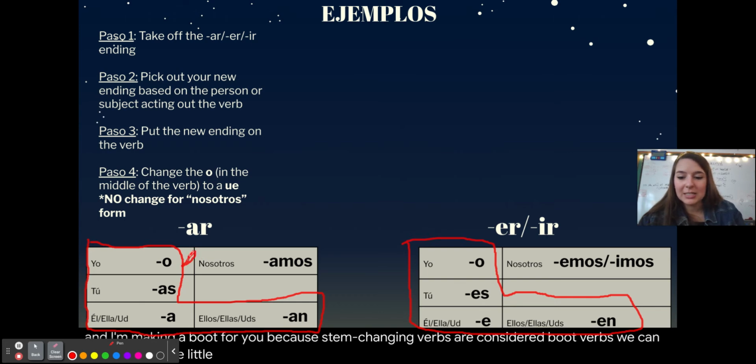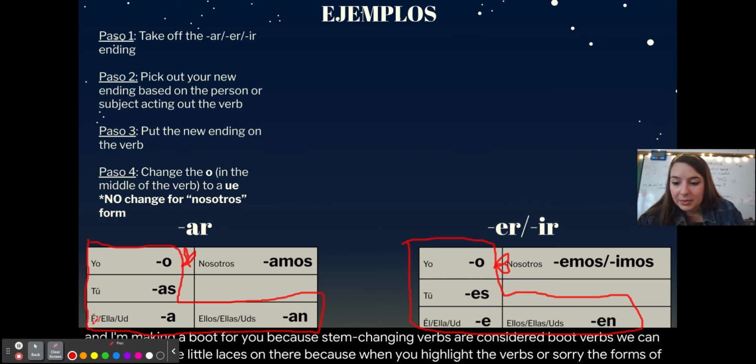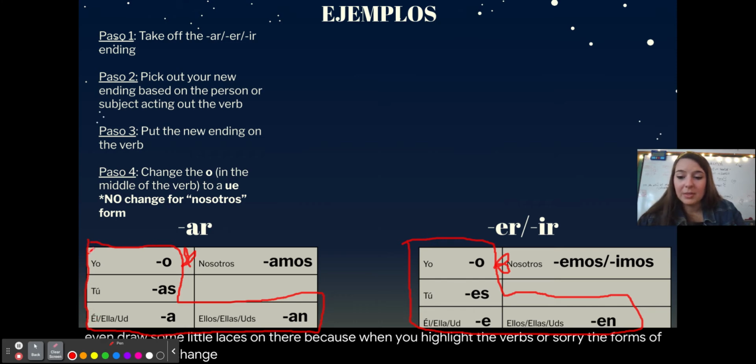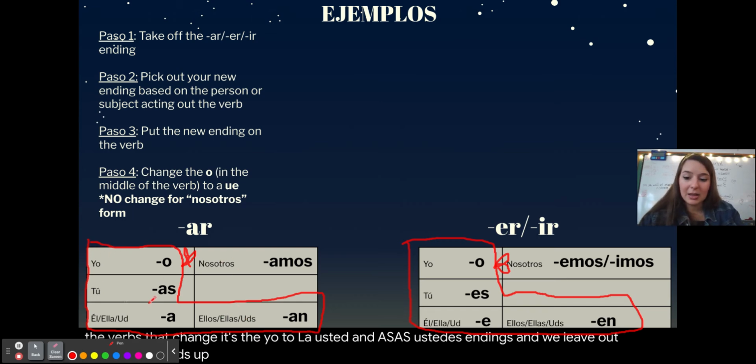We can even draw some little laces on there because when you highlight the forms of the verbs that change, it's the yo, tú, él, ella, usted, and ellos, ellas, ustedes endings, and we leave out nosotros. So it ends up making a little boot in the chart of the forms that change.